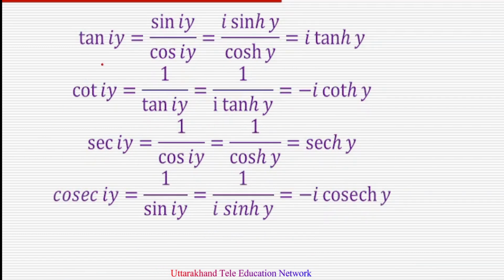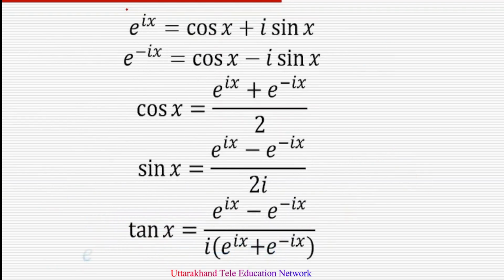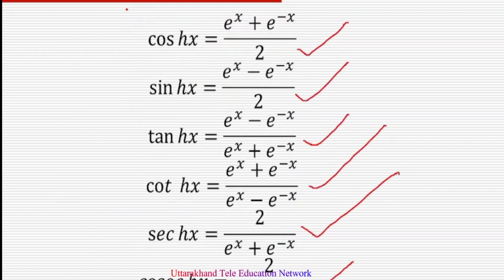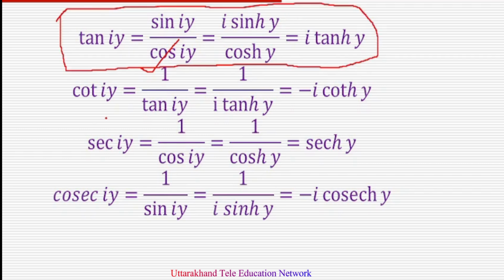Similarly, for tan iota y, we know that tan theta is equal to sine theta over cos theta, or tan iota y is equal to sine iota y over cos iota y. By simple calculation we can calculate cot iota y.